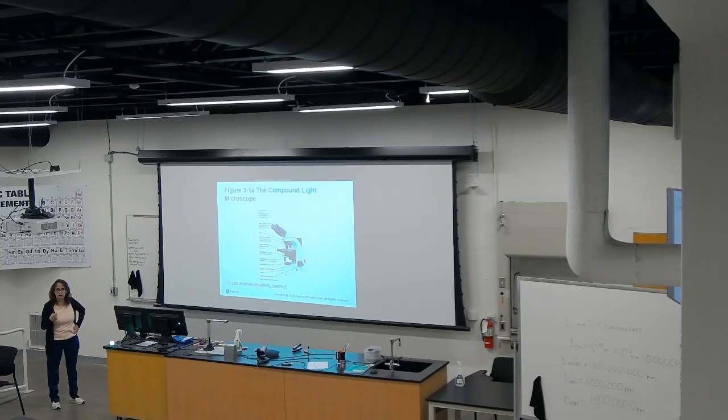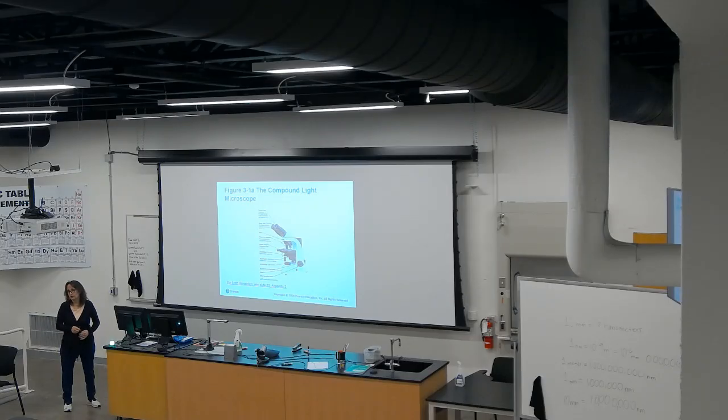So it can range between 4 or 5 up to 100 times initial magnification. And then the ocular lens, which in the microscopes that we use is typically 10 times, magnifies 10 times more. Sometimes there can be ocular lenses of 20 times. But the application will vary, I guess, depending on what lab you will be working at.